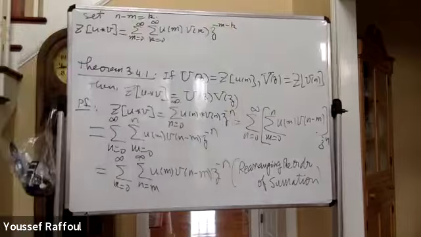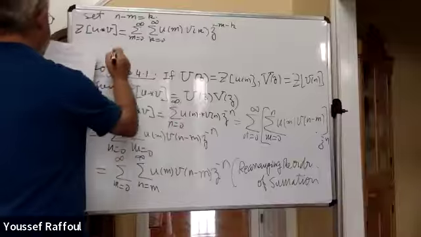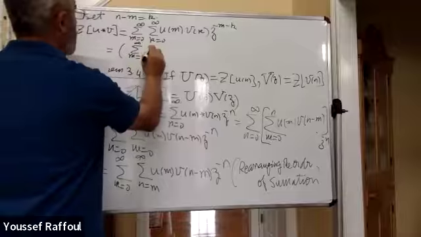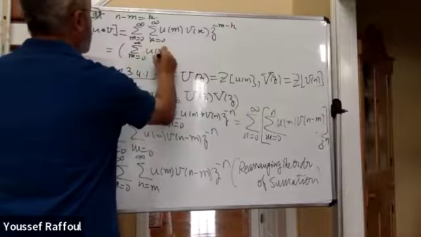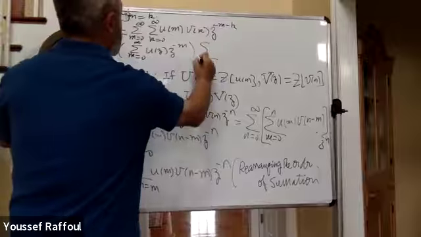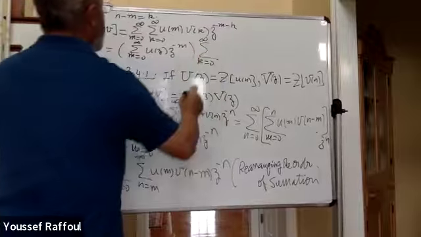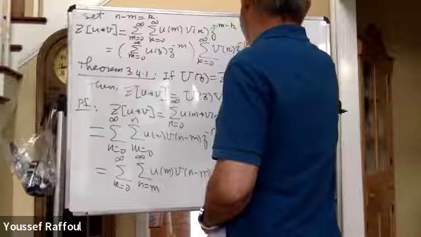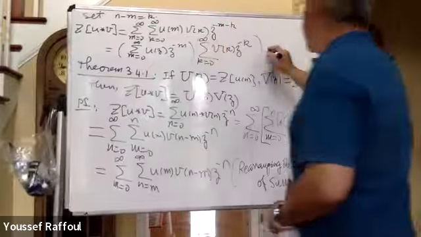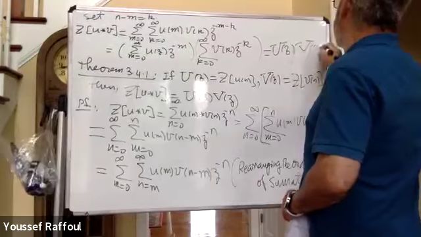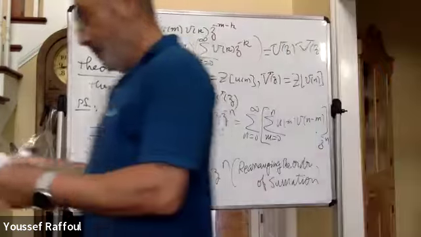Okay? And this is basically the sum from m equals 0 to infinity of u_m z^(-m), times the sum from k equals 0 to infinity of v_k z^(-k), and that is U(z) V(z). Okay?